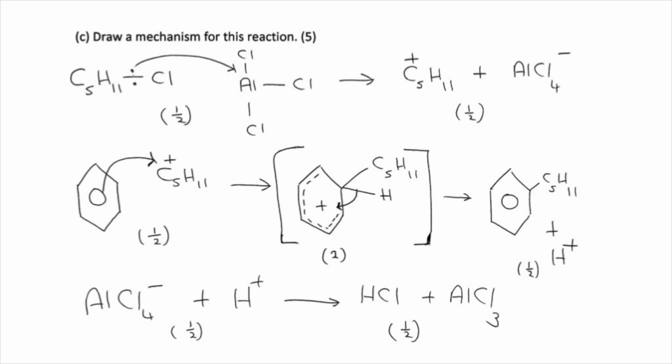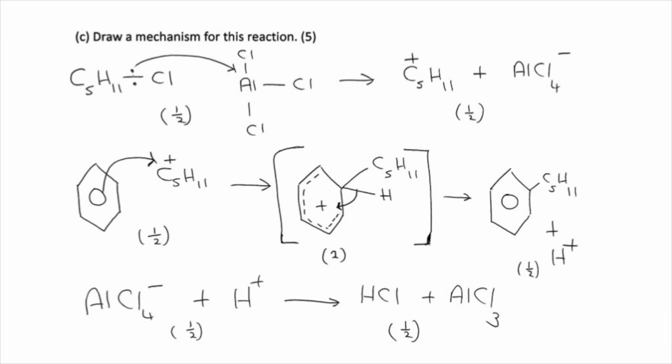And then the intermediate that forms has a broken delocalized ring of electrons, and this is denoted by a dotted line, a dashed line, which extends over 5 of the carbons. The intermediate has a positive charge, and the pentyl group and the hydrogen are joined on to the carbon. So the pentyl group joins before the hydrogen leaves.